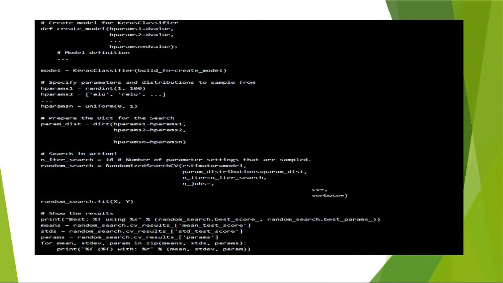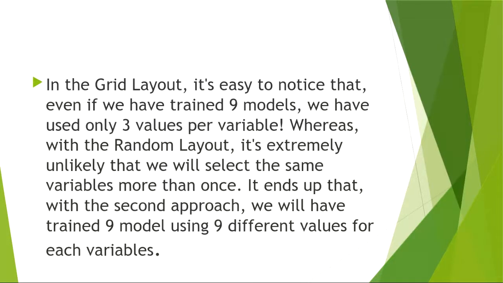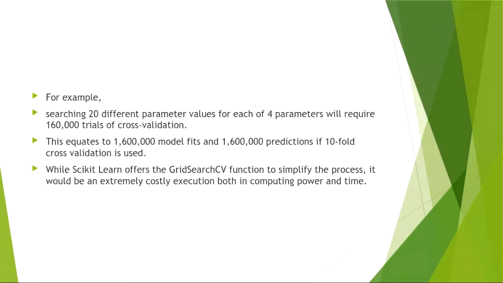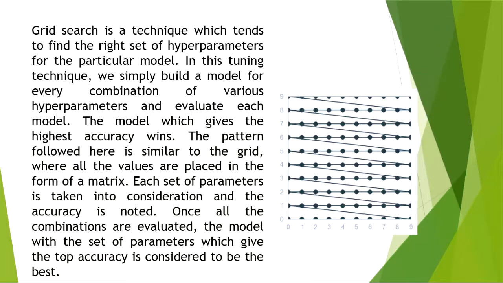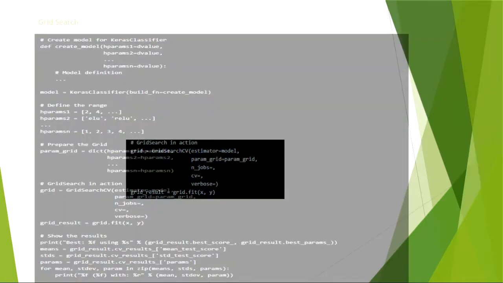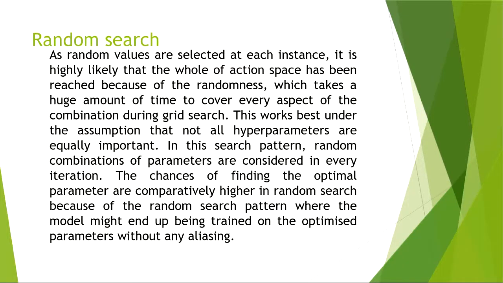Random search and grid search, you are required to understand all these kinds of searches so that you can start with your assessment. So now I hope that your second assignment is clear.